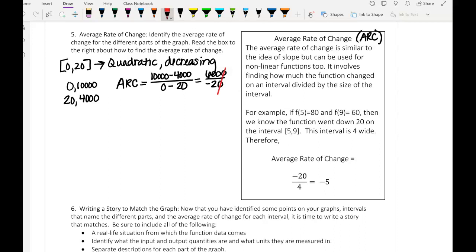Anytime they both end in zeros, I can take a 0 off of both of them. So my average rate of change is now down to 600 over negative 2. Which can be taken down to negative 300 over 1.